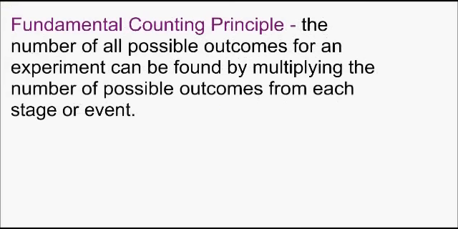Okay. The fundamental counting principle says that the number of all possible outcomes for an experiment can be found by multiplying the number of possible outcomes from each stage or event.